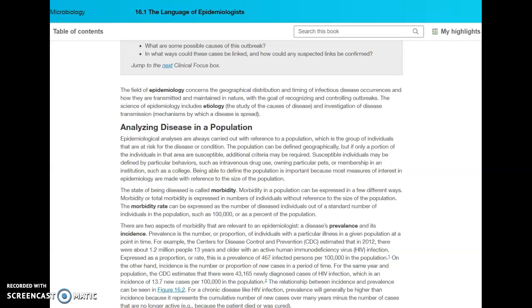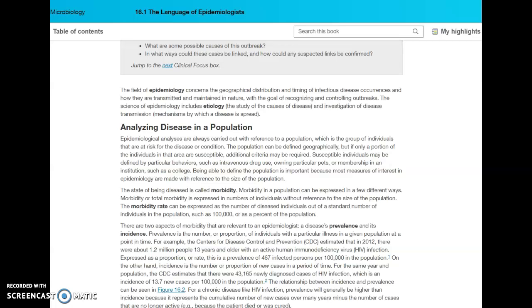So it could be a specific group, like women or men, or it could be a specific state or county or country. So morbidity is disease.